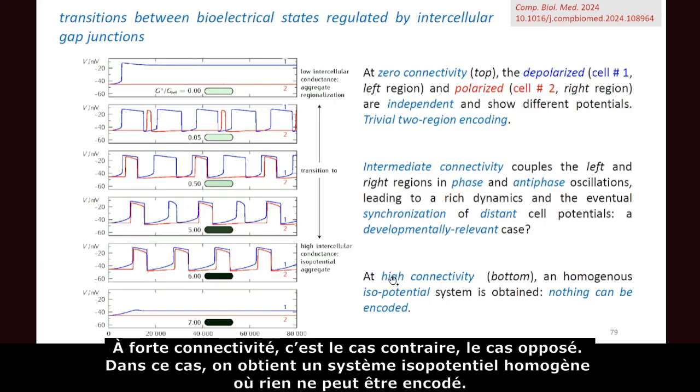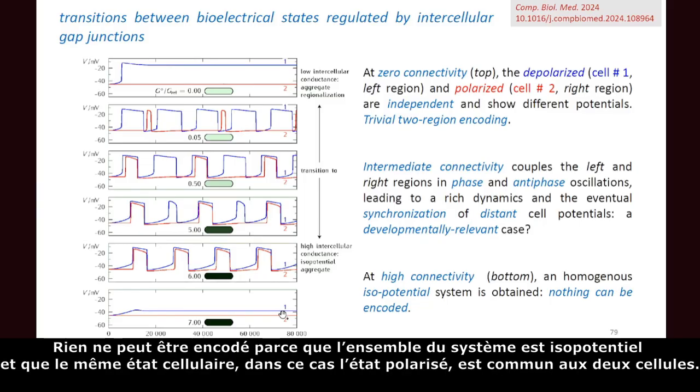At high connectivity, on the contrary, the opposite case, a homogeneous isopotential system is obtained where nothing can be encoded, because the whole system is isopotential, and the same cell state, in this case the polarized state, is common to the two cells.